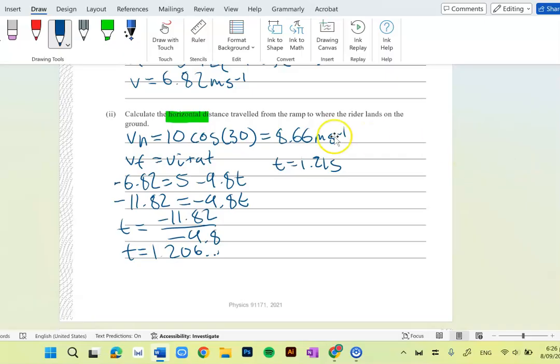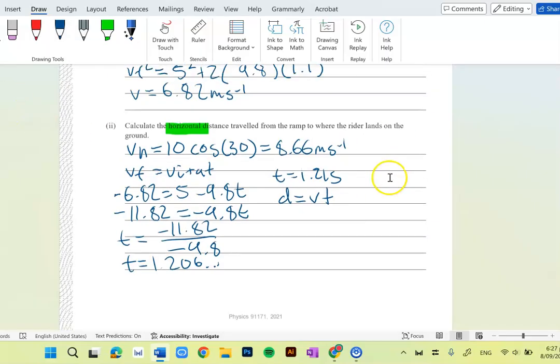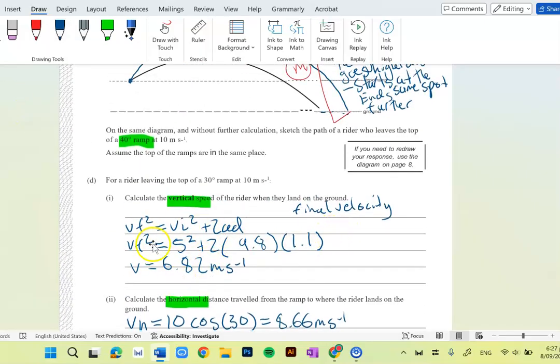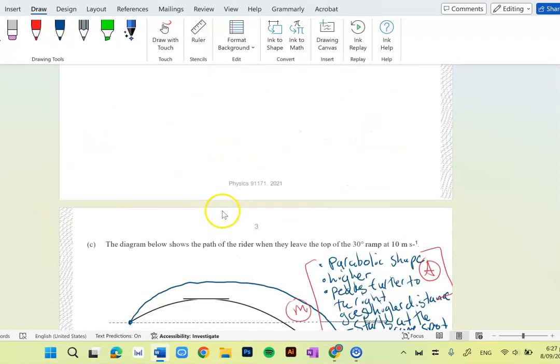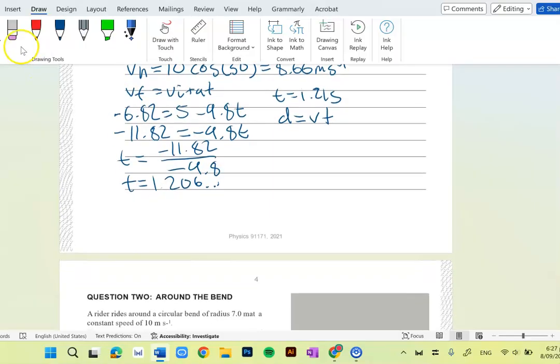Now that we've found the time, all we need to do is use the basic distance equation. Since it's the horizontal distance, we're not going to use any of those kinematic equations. We're just going to use this one here. This is the horizontal distance equation, not the one we used up here, because that's vertical. There's a big difference.